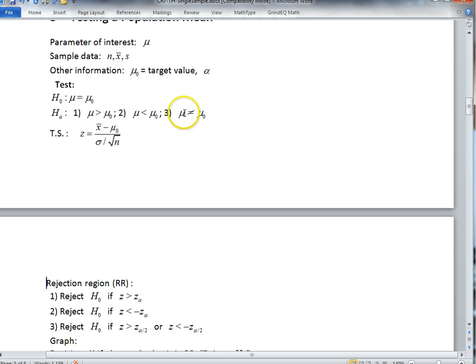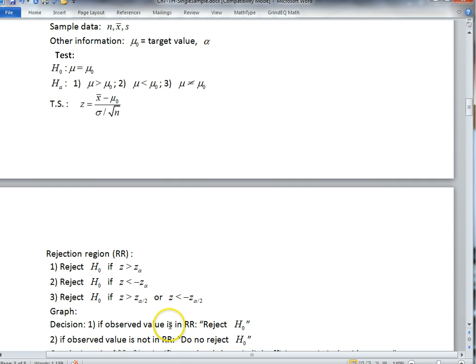And if it's mu not equal to mu 0, this is called a two-tail test. In this case, instead of z alpha, I take z alpha over 2 and split it into two parts. So this makes one value larger and the other smaller. I reject if I'm above the larger value or less than the smaller value. Okay?